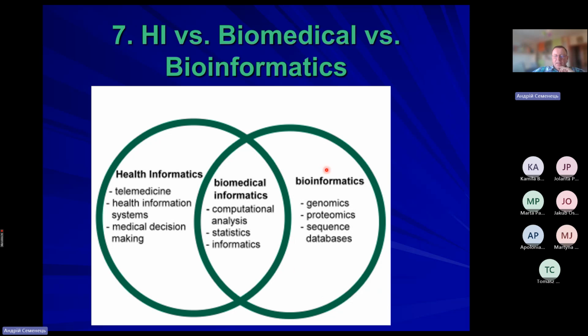In fact, in this course, we will have almost nothing related to bioinformatics, except maybe a few medical images that will come from that area, like this. So we will concentrate on the left circle.